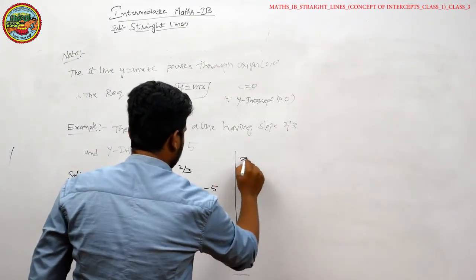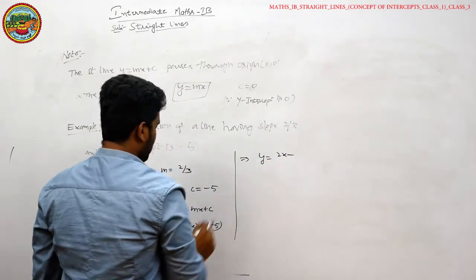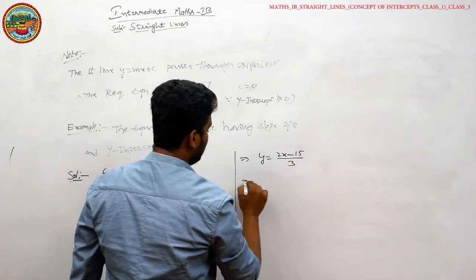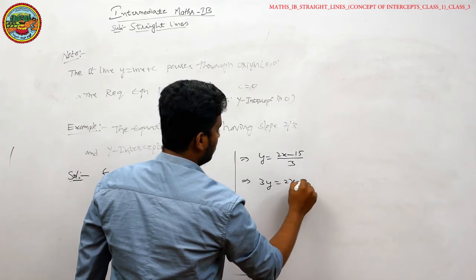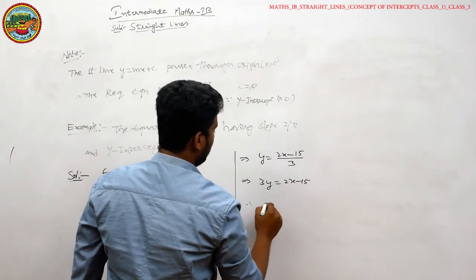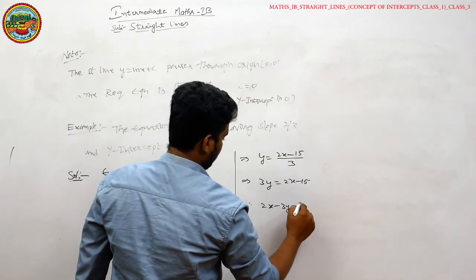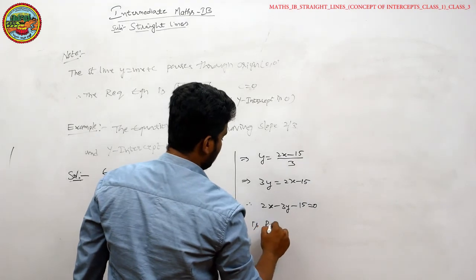So y is equal to 2x minus 3 fives are 15 by 3, which implies 3y is equal to 2x minus 15. Therefore 2x minus 3y minus 15 is equal to 0 is the required equation.